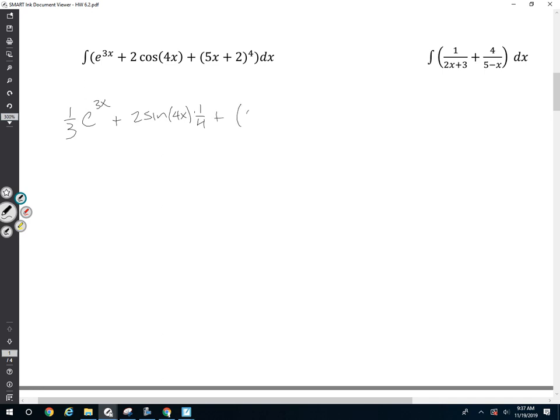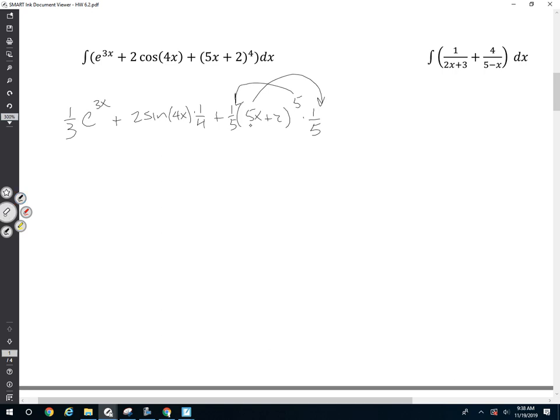Here, if I take the antiderivative of stuff to the 4th power, it'd be 5th times 1/5. But then I need another 1/5 from this 5. So this comes from the 4. This comes from the 5. That's a little tricky. I don't love this example. I kind of prefer if this was like a 3.